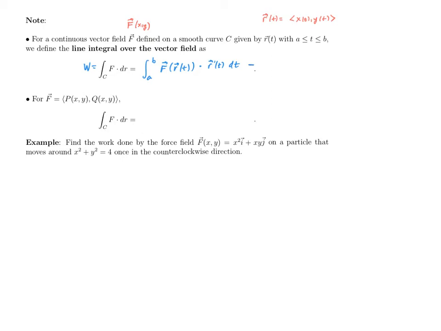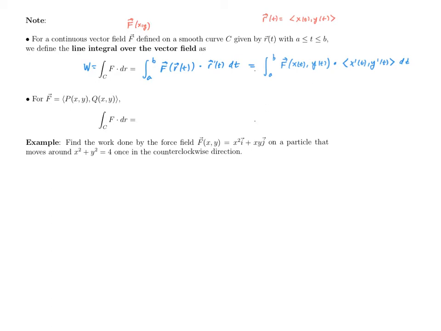So just to rewrite this one more time for fun, this would really be f evaluated at x of t for x, y of t for y, dot it with the vector r prime of t, which is x prime of t, y prime of t. And once you get it to this point, you have a dot product you can take care of, and then a definite integral, which you can evaluate.